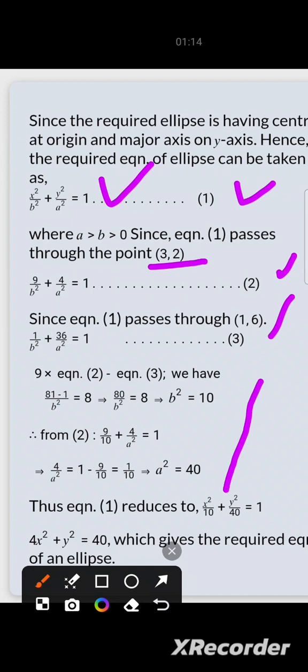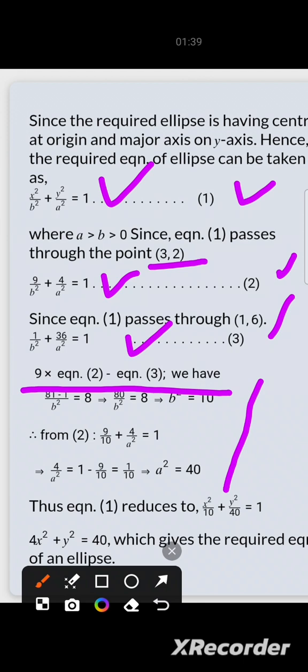So the second equation is multiplied with 9 and the third equation is subtracted from it. You'll get the value of a square as 40 and b square as 10. Just to solve these two equations simultaneously, look at this line: equation 2 into 9 minus equation 3.